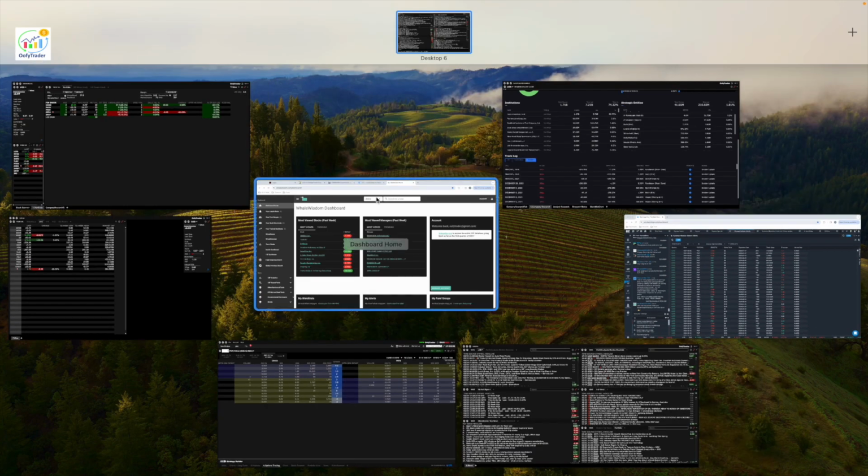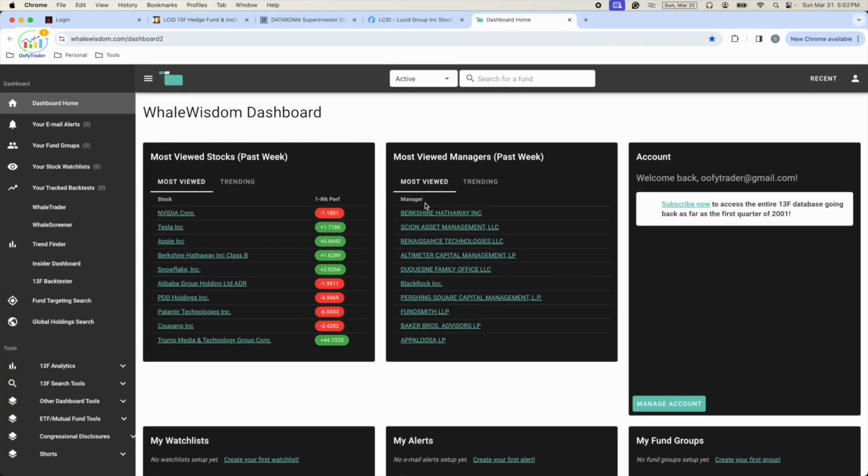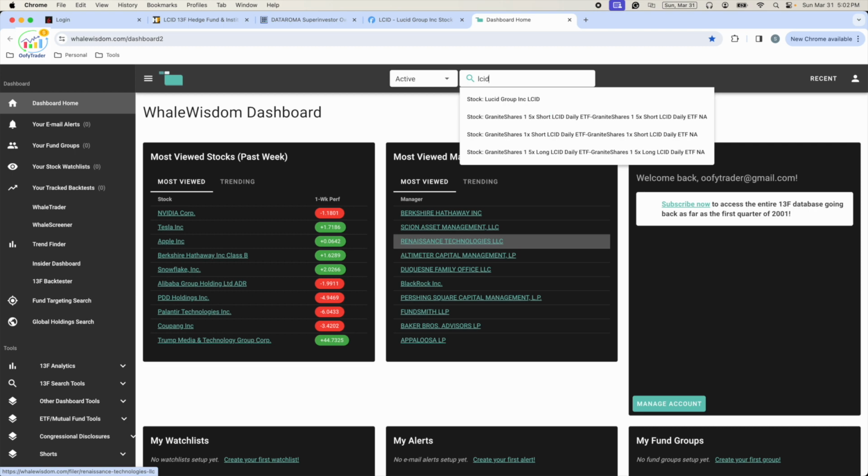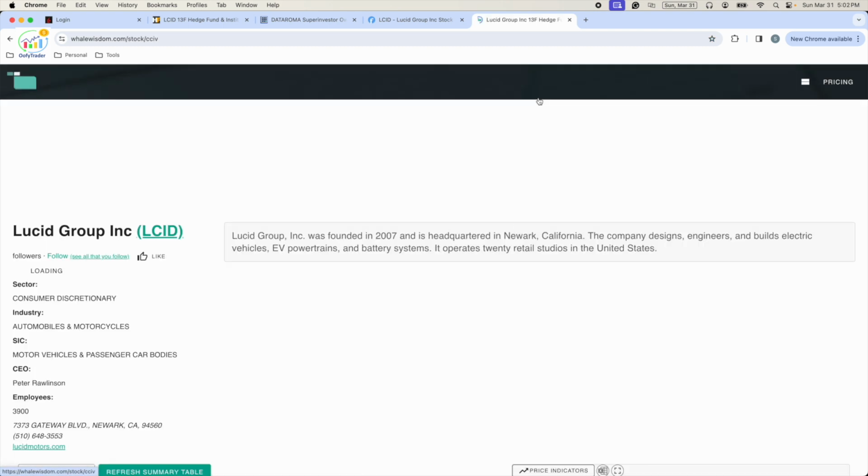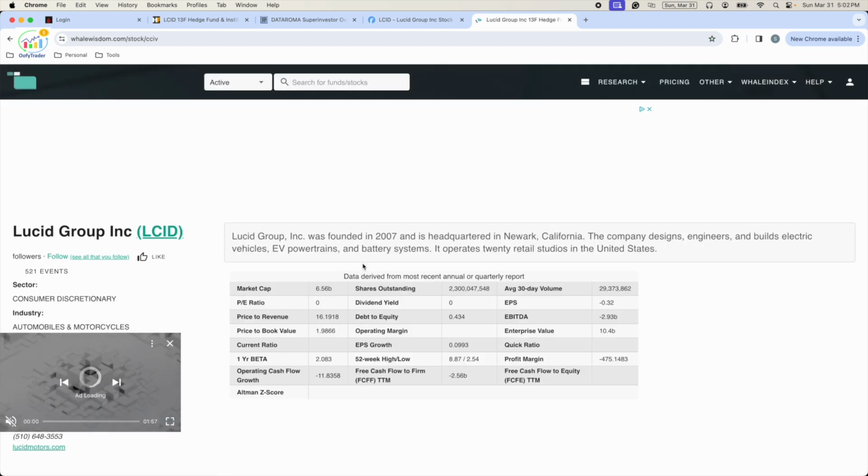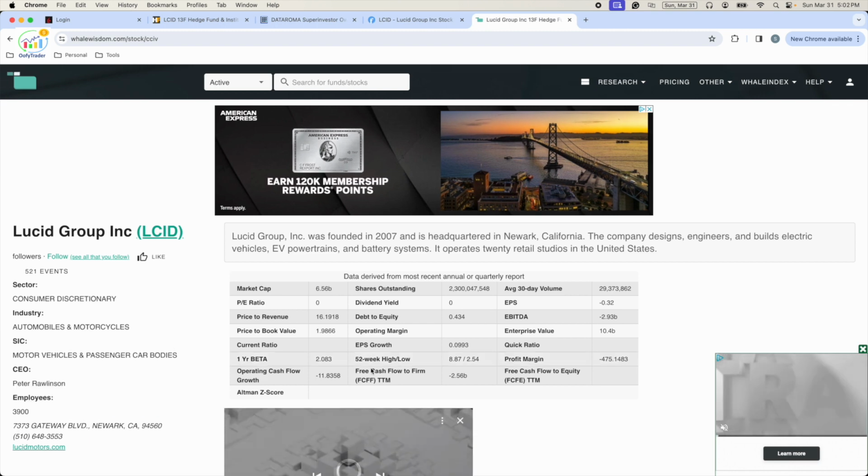Beyond that, I also use these three tools. Whale Wisdom, this is a tool which updates quarterly, I believe. Let's say if I wanted to see who owns Lucid, what's going on with Lucid, I find it from here.